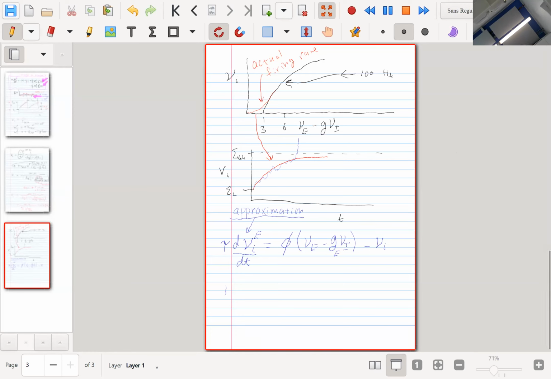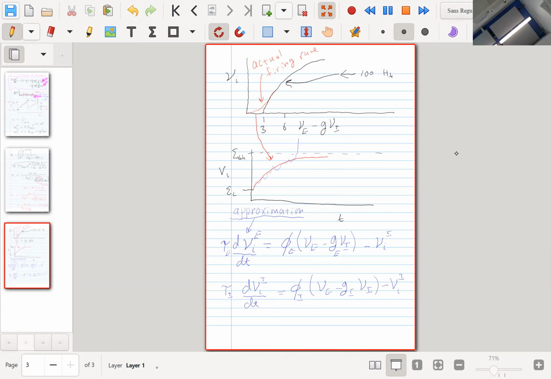And this is going to turn out to be very important. tau_E, tau_I, d nu_I/dt equals phi of nu_E minus g_I nu_I minus nu_I. And we can let these be different as well.